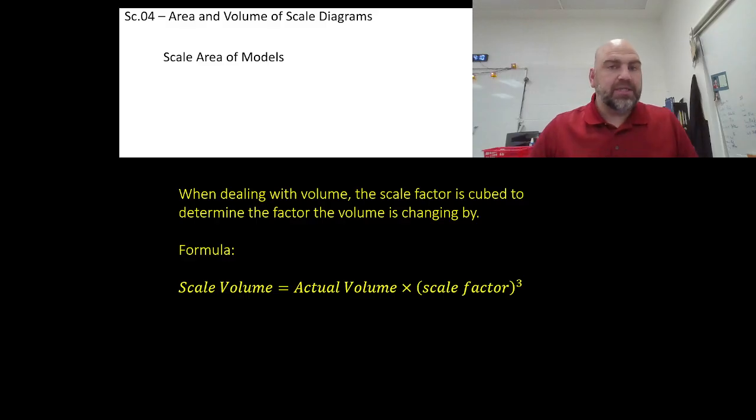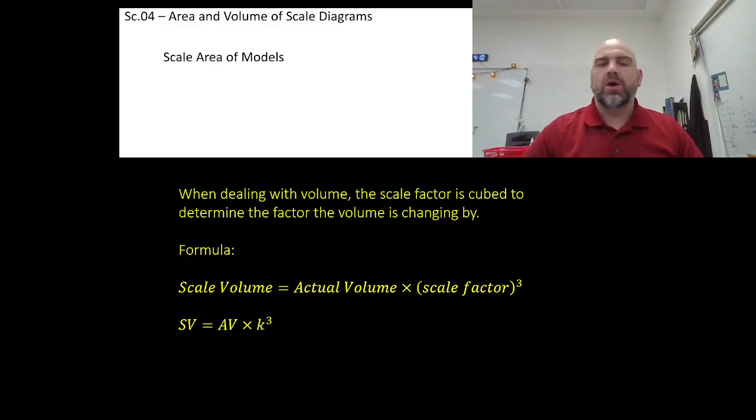When they are making a statue in front of the school of me because I'm such a great teacher, if they make it twice the size in dimensions, the volume will be 8 times the volume of me. They have to cube the scale factor to come up with that. So scale volume is equal to actual volume times k cubed.